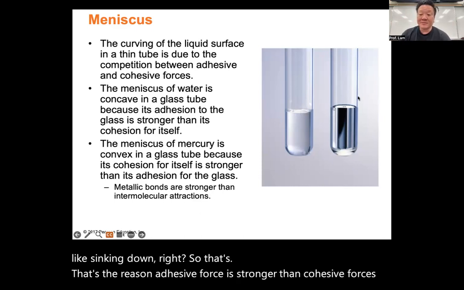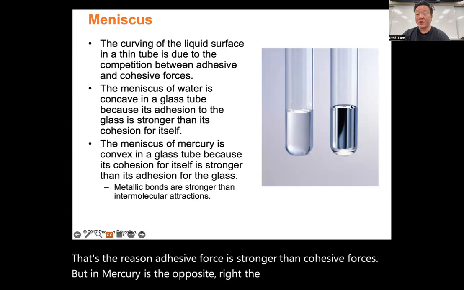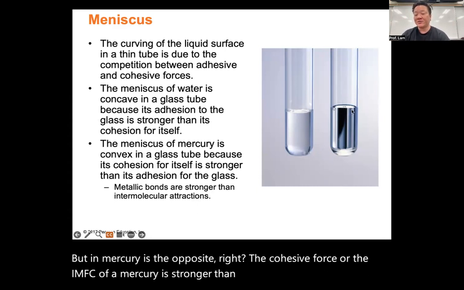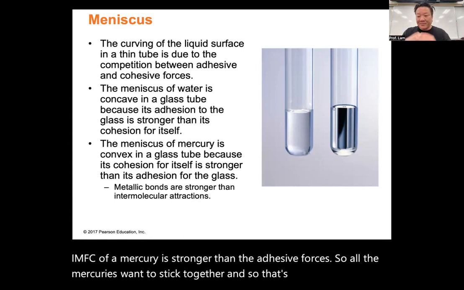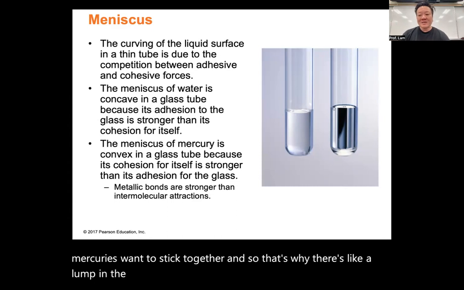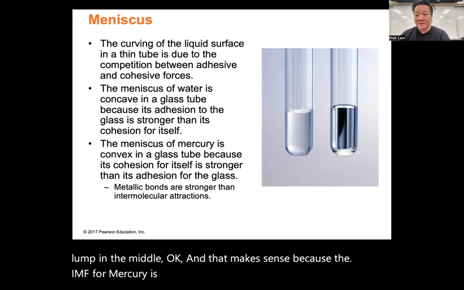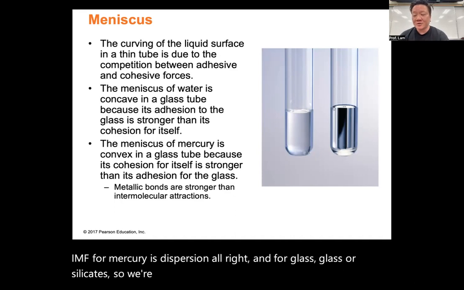But in mercury, it's the opposite, right? The cohesive force or the IMFs of mercury is stronger than the adhesive forces. So all the mercury wants to stick together, and so that's why there's like a lump in the middle. And that makes sense because the IMF for mercury is dispersion. And for glass are silicates, so we're talking like SiO2.